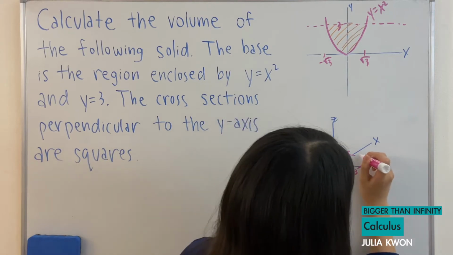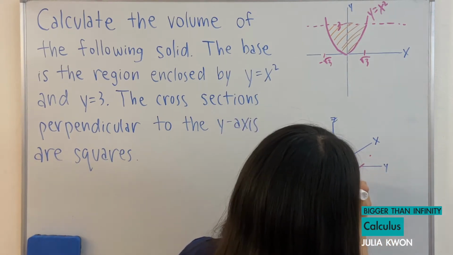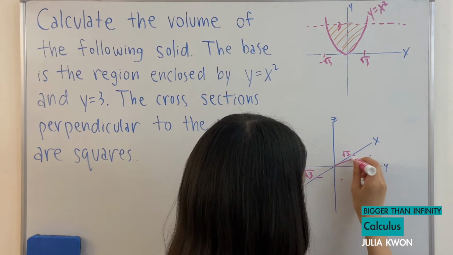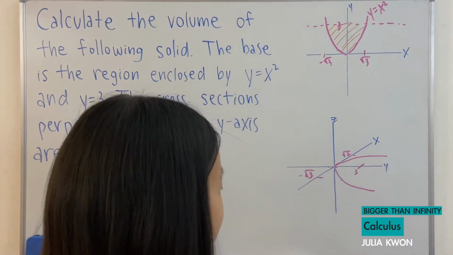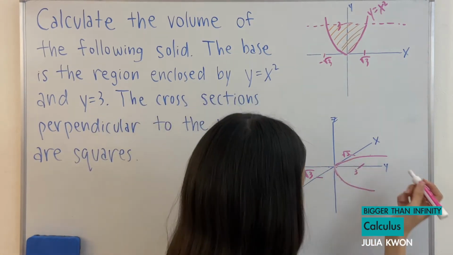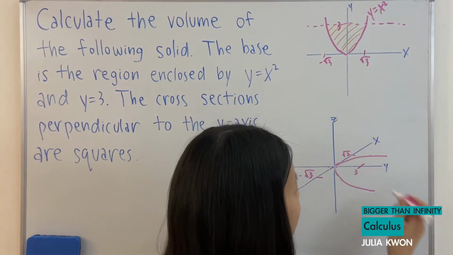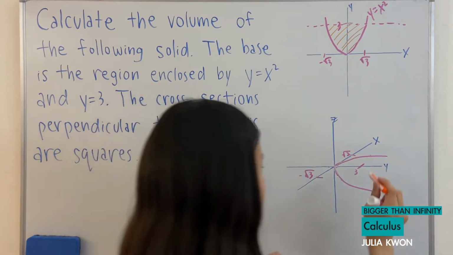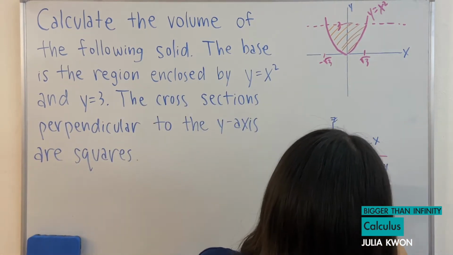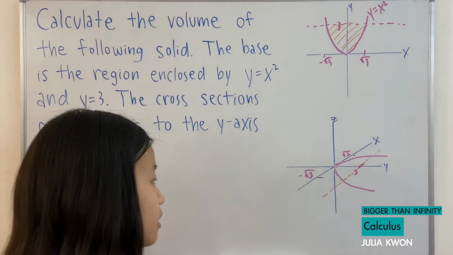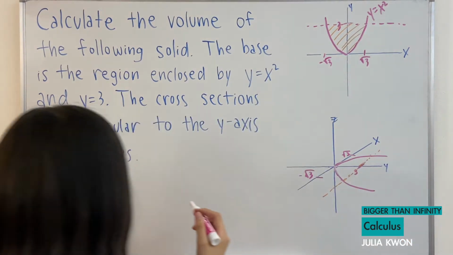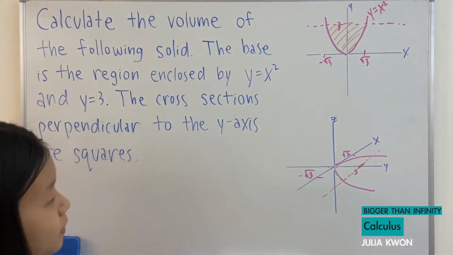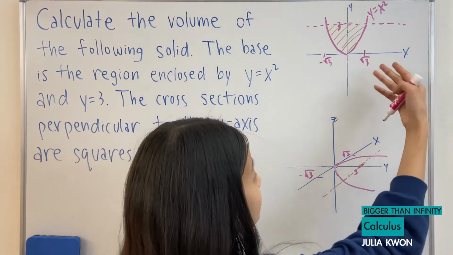If we draw out this graph, it would look like this: y equals x squared, and the line y equals 3 would be this line. The cross sections perpendicular to the y-axis are squares, so they are parallel to the x-axis like it is here.